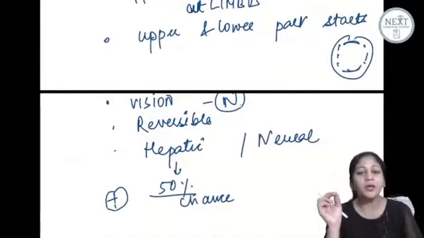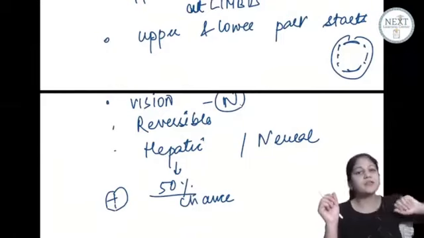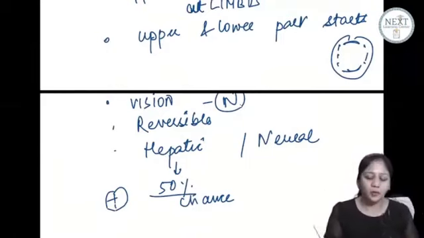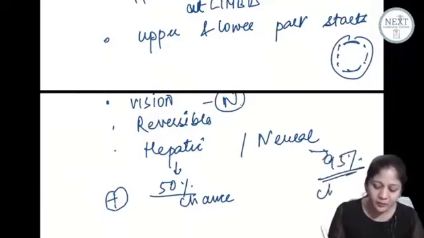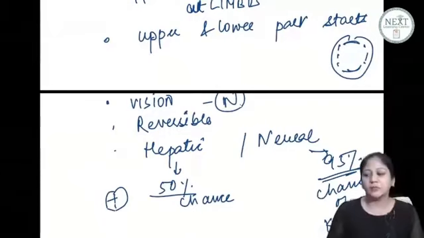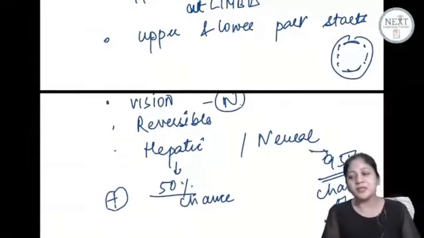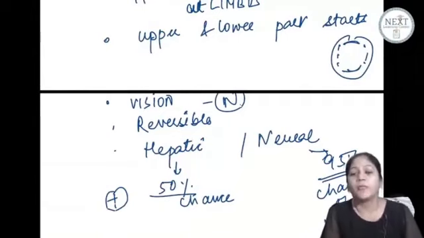I am saying that if someone has only hepatic involvement, only 50% of patients will have a KF ring.